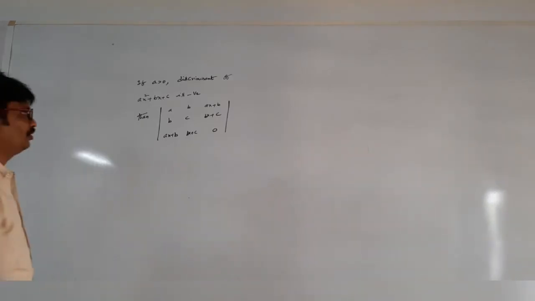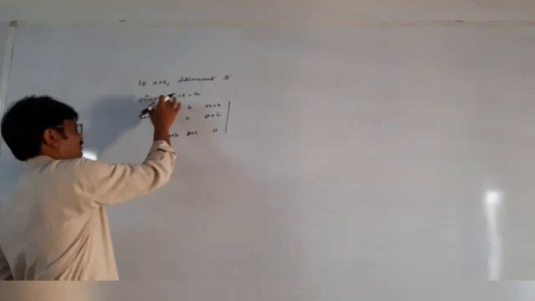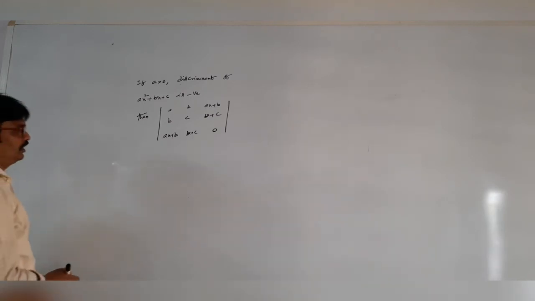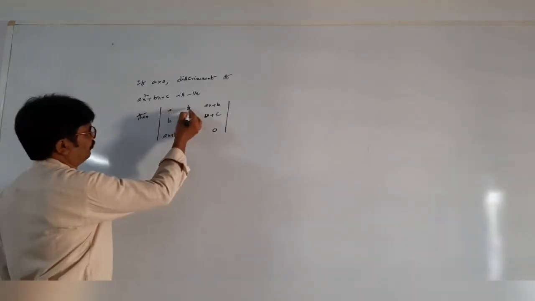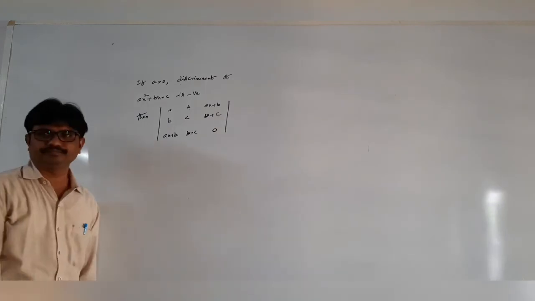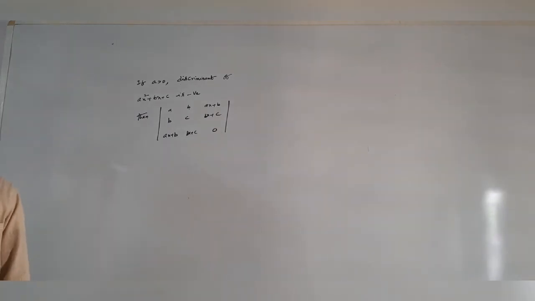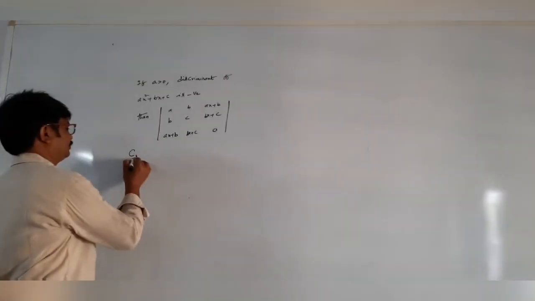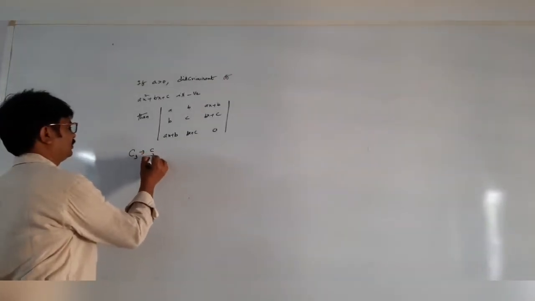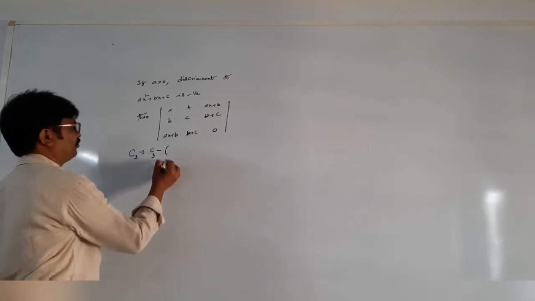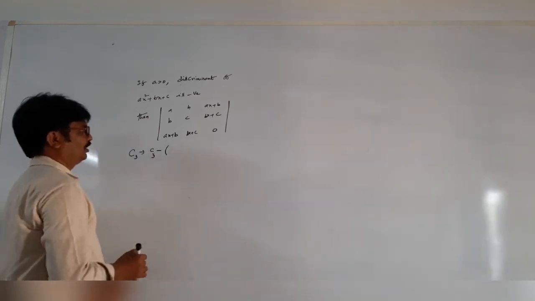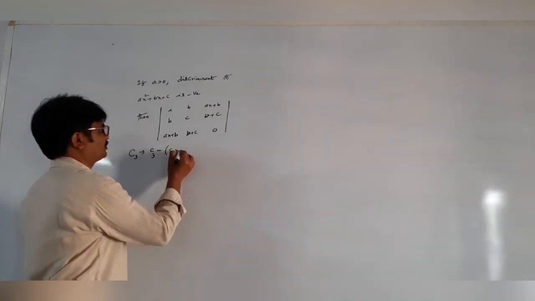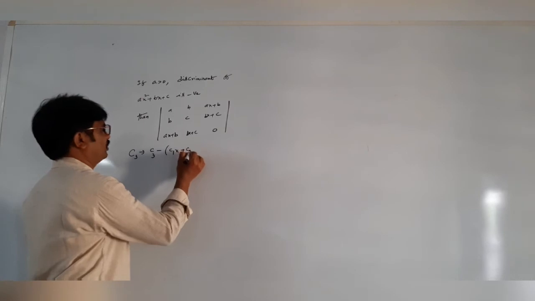If a is greater than 0, the discriminant of ax square plus bx plus c is negative. Allow me, first we observe a is there, b is there, ax plus b is there. So now, how to write? C3 is replaced by C3 minus C1 times x plus C2.